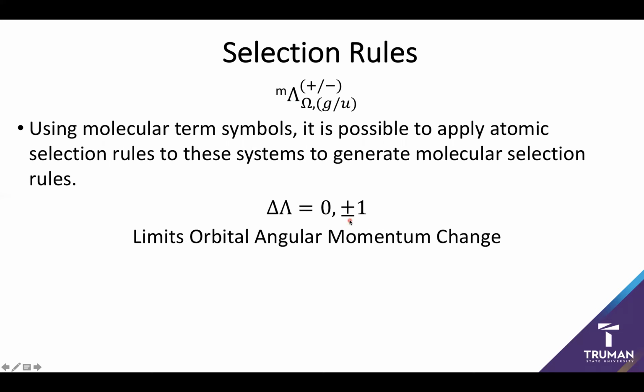And this is going to be mostly useful as it's going to limit the change in the orbital angular momentum. So it is worth noting that we can, unlike previously, have no change in the orbital angular momenta of a system, unlike an atomic system.